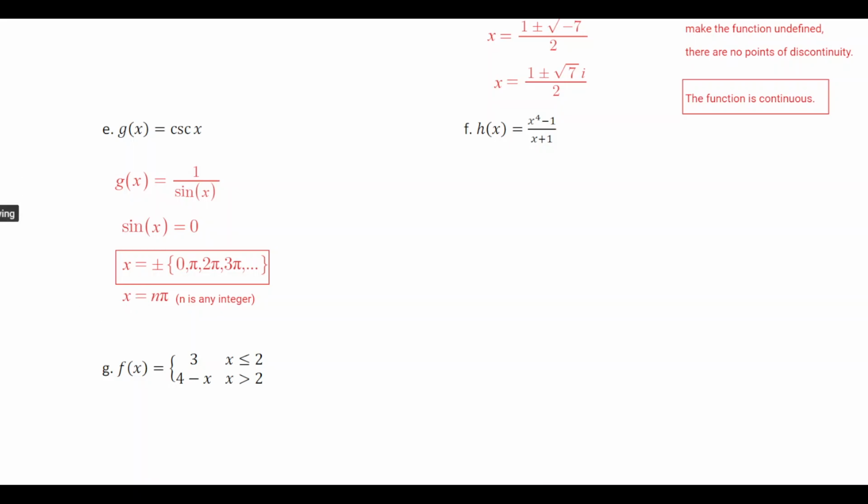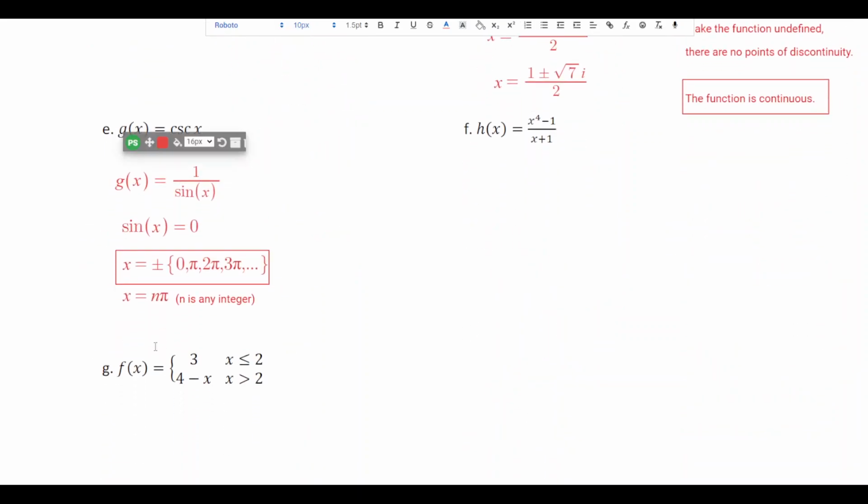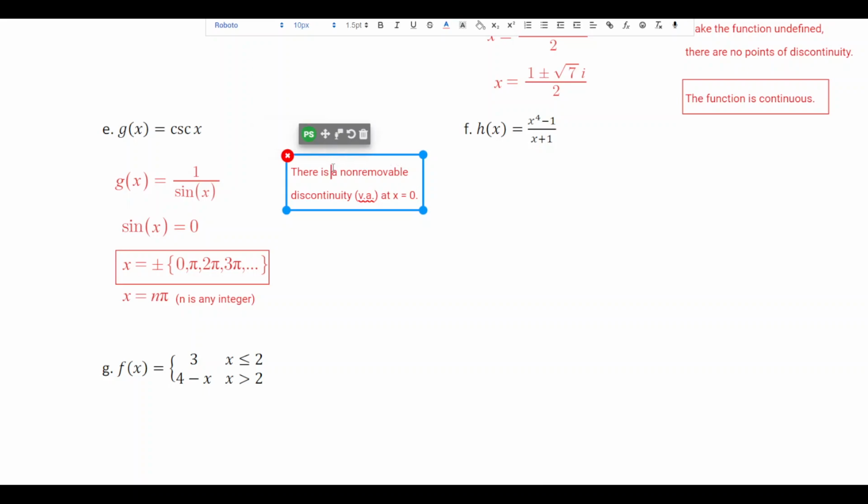Okay, and so there are infinitely many, so we can't write it out exactly, but we are going to say that there are non-removable discontinuities, and they are vertical asymptotes at x, well, I'll just say at the values above.